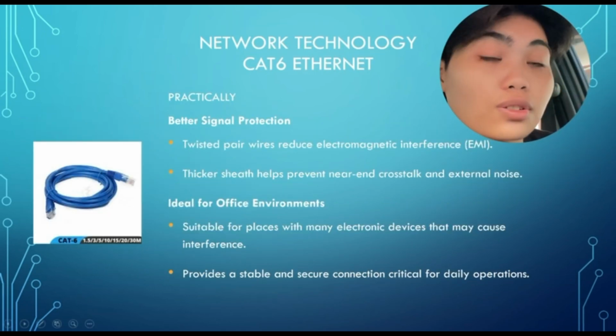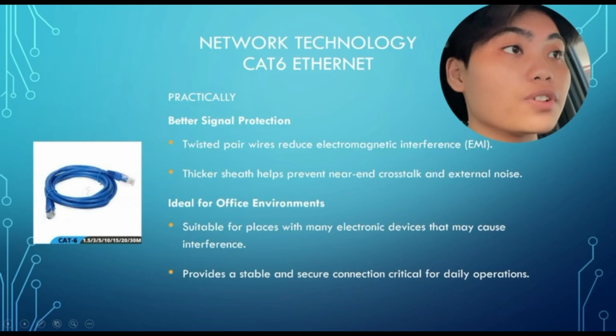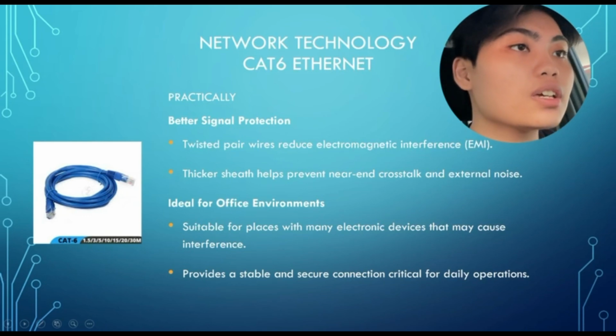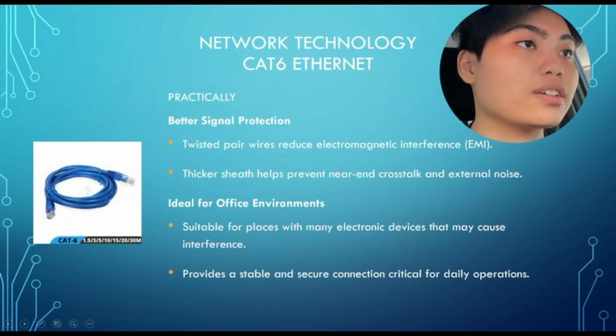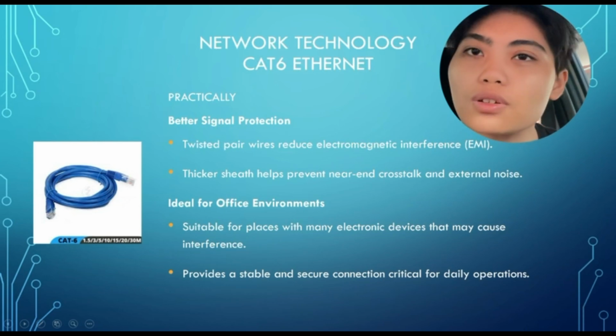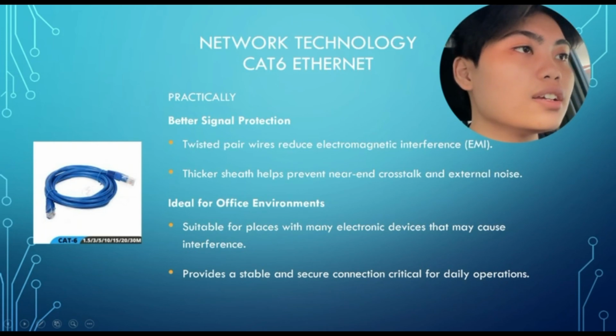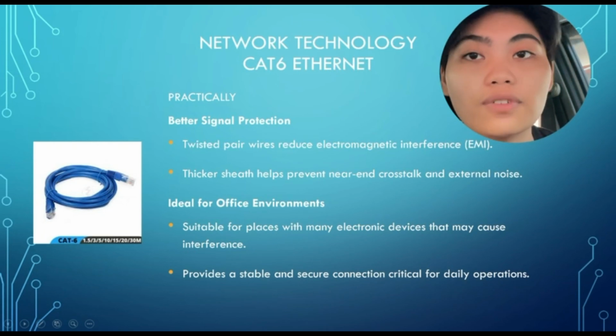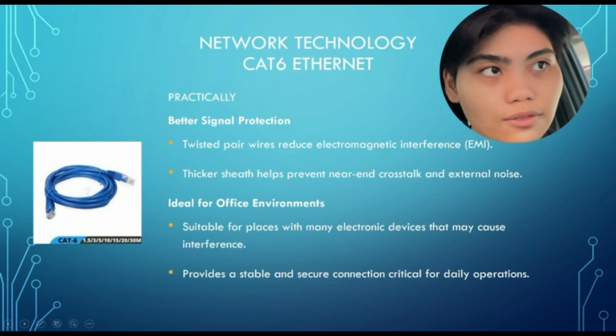Cat6 Ethernet is also a practical choice because it offers better signal protection. The twisted pair wires inside the cable help to reduce electromagnetic interference, also known as EMI, which is common in office environments full of electronic devices.